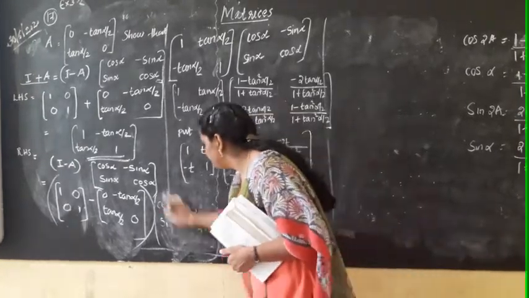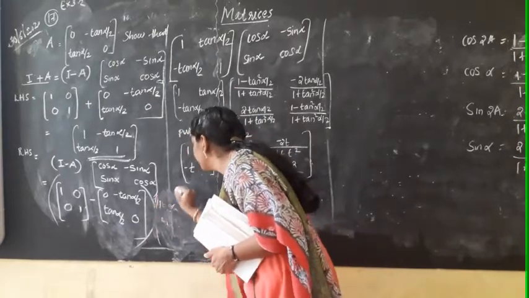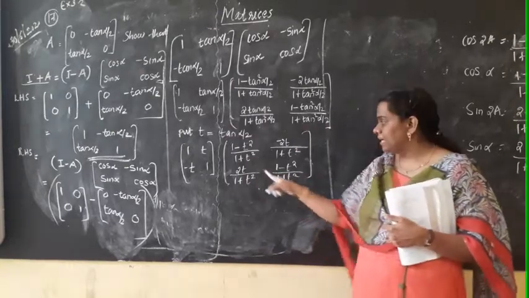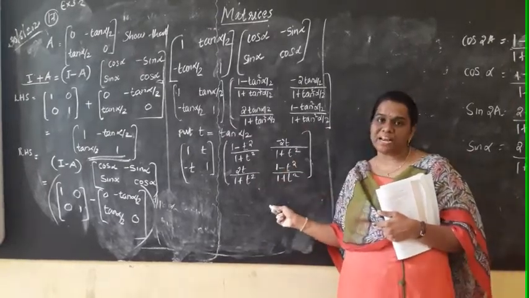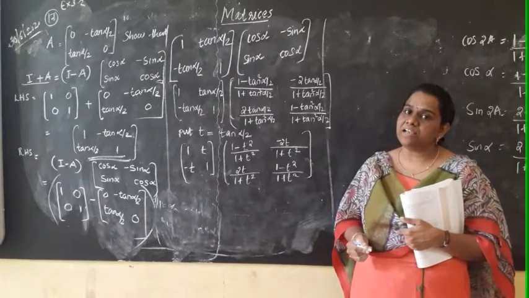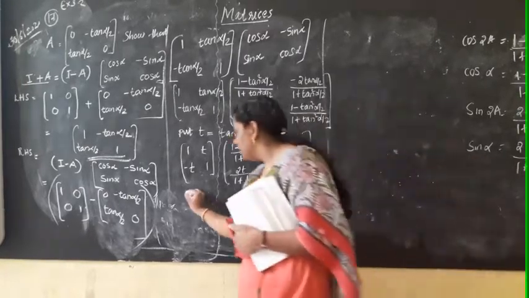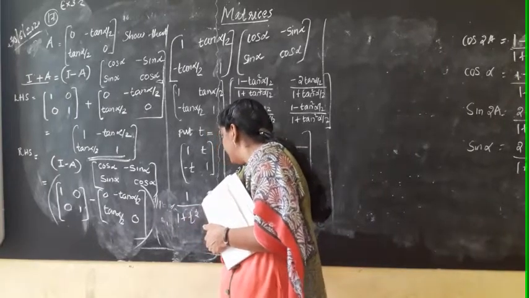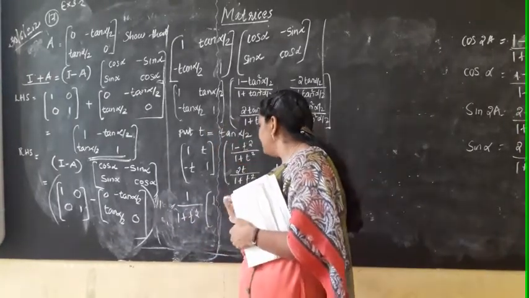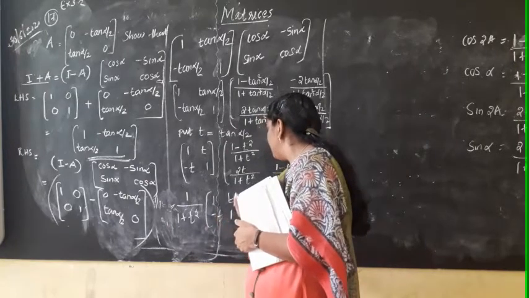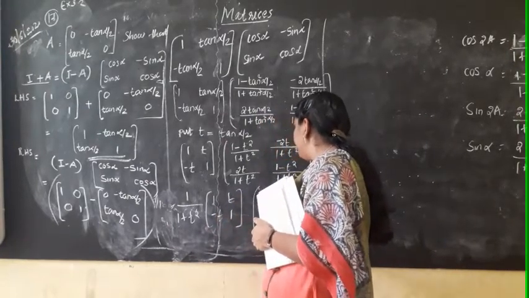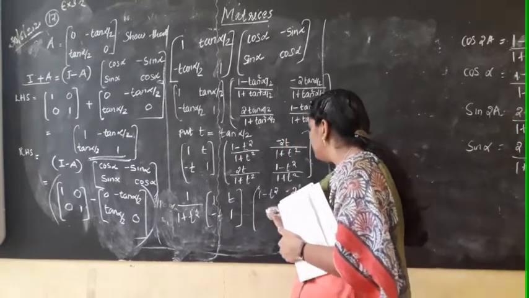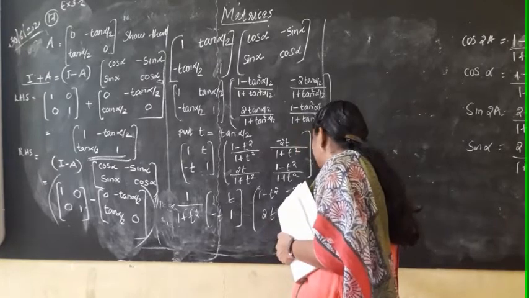See, in this matrix every term has 1 plus t square as the denominator. So we can take 1 plus t square as a common factor. That is 1 by 1 plus t square into this matrix 1, t, minus t, 1. Then the next is 1 minus t square, minus 2t, 2t, 1 minus t square.